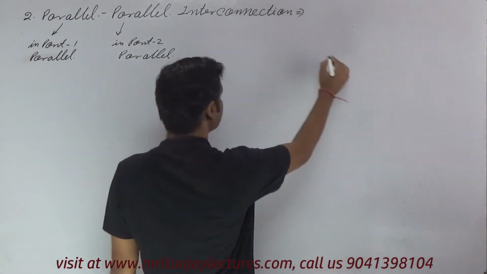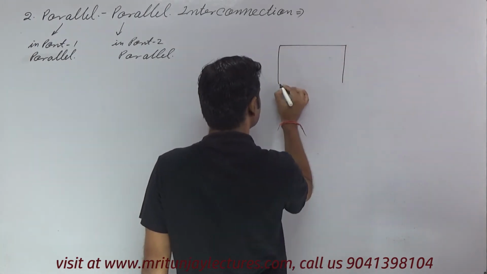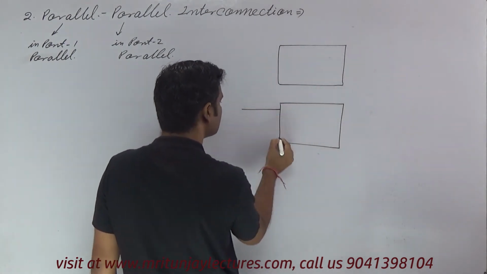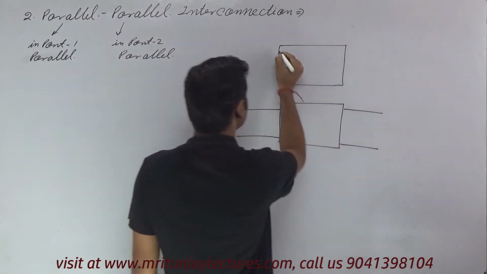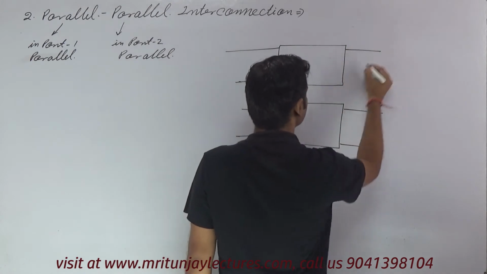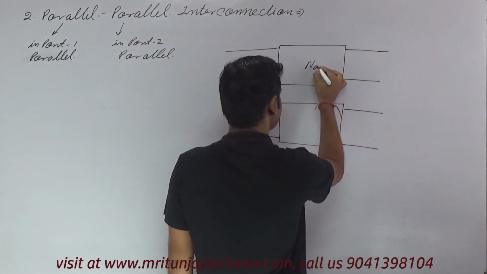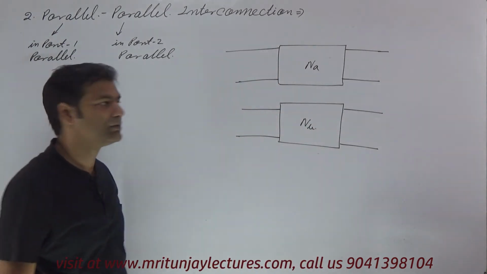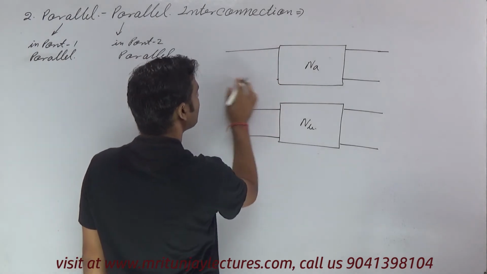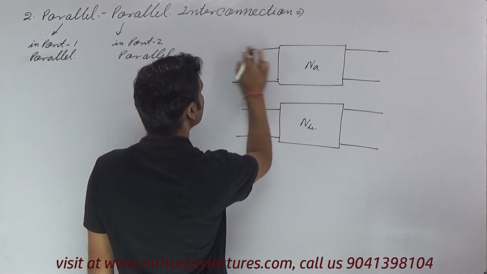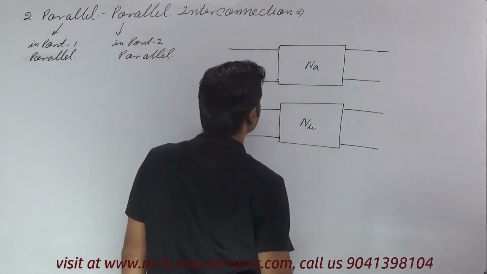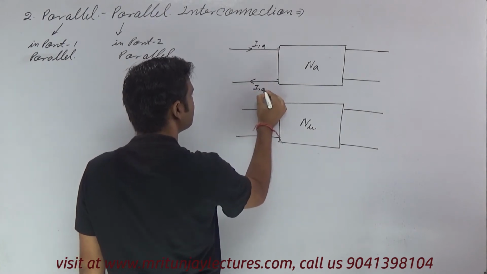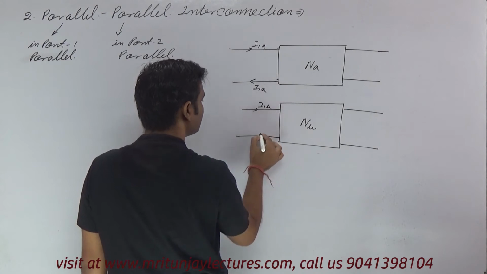So how can we make it? Suppose that we have a network NA here and NB. Very simple. First of all, make corresponding to here, that is NA, that is NB. This one is NA and that is NB. I1A, I1, I1B.